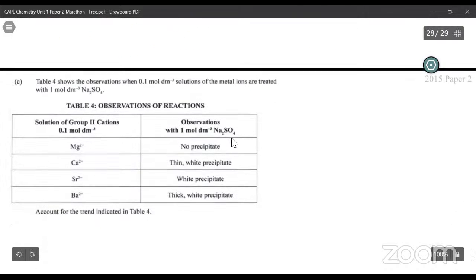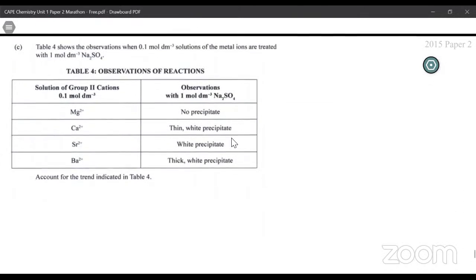So table 4 shows the observations when 0.1 mole per dm cube solutions of the metal ions are treated with 1 mole per dm cube of sodium ethanoate, and they want you to account for the trends indicated in the table. Now you see in a solution of group 2 cations at 0.1 mole per dm cube, you have Mg2+, Ca2+, strontium 2+, and barium 2+, right?